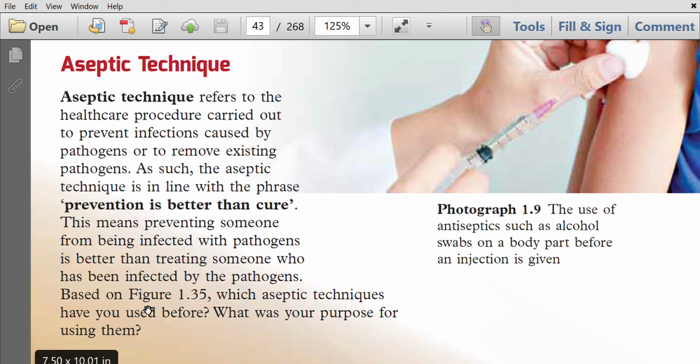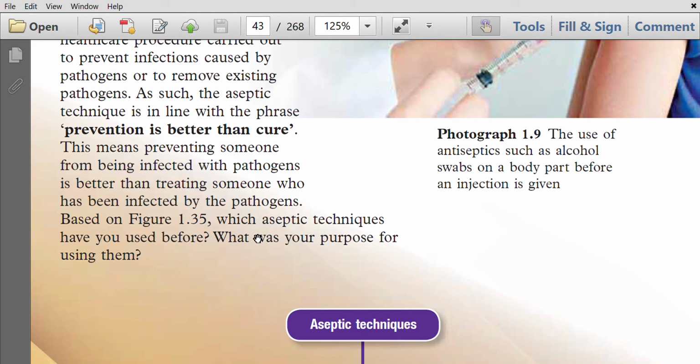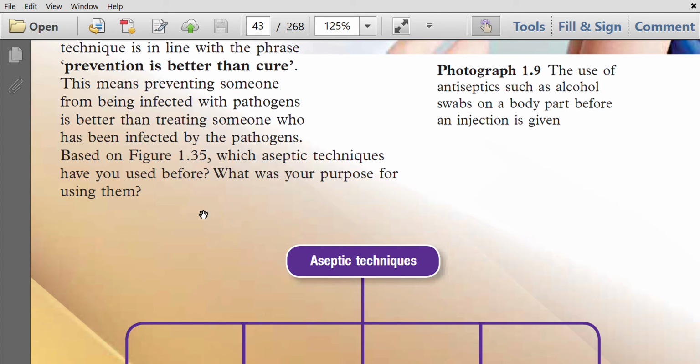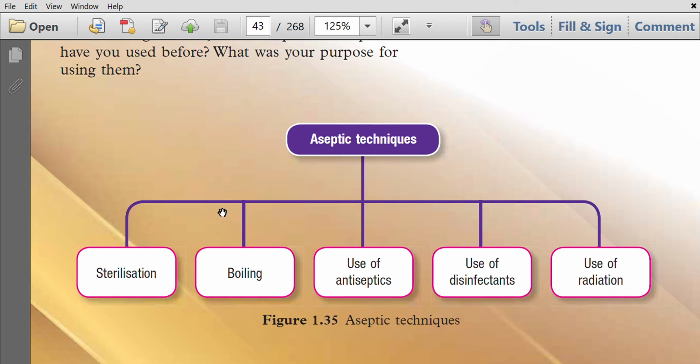Based on figure 1.35 below, which aseptic technique have you used before? What was your purpose for using them? Look at this figure. I'm sure most of us are familiar with this one, right?